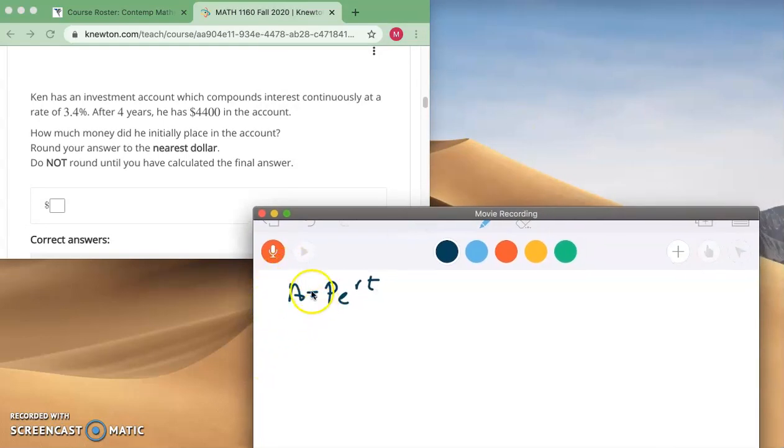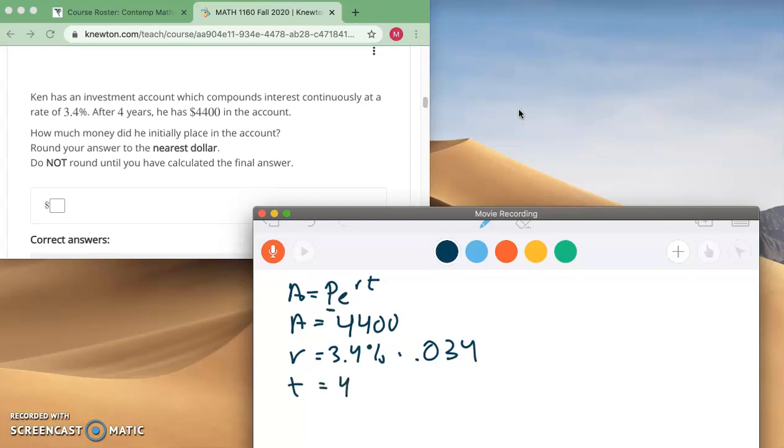That means that's our A. So we know that A equals 4,400. We're given a rate of 3.4%, I can't believe I said 4 and wrote 5, 3.4%, which equals 0.034. And the time is 4 years. Now we're looking to solve for P.